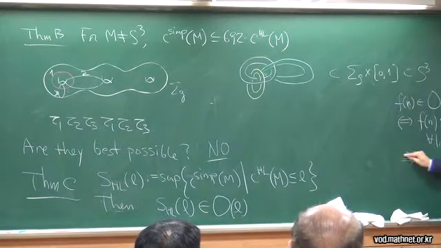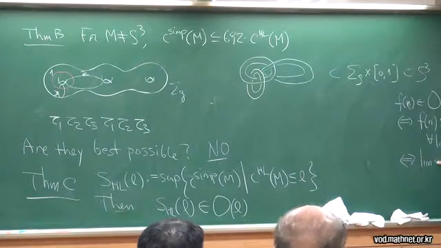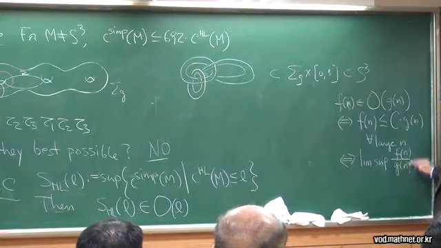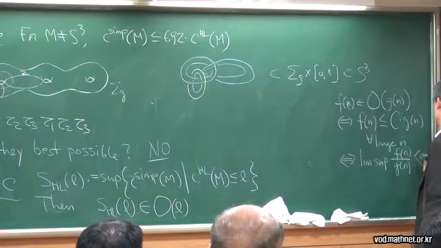This is the same as saying that the lim sup of f of n over g of n is finite.